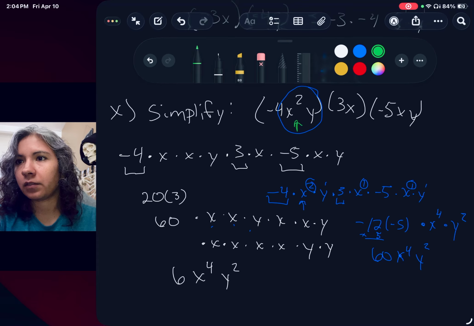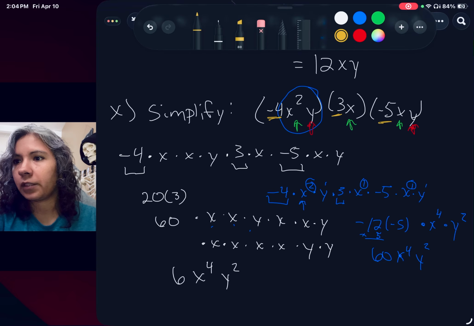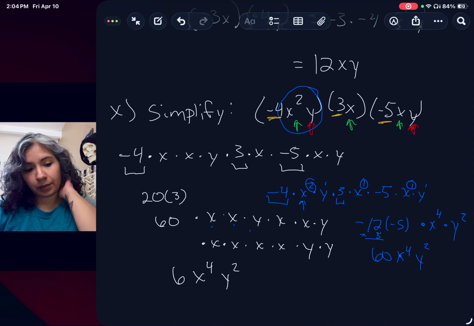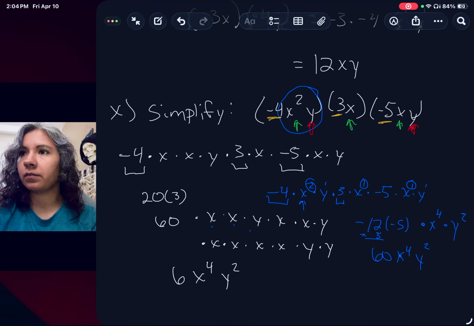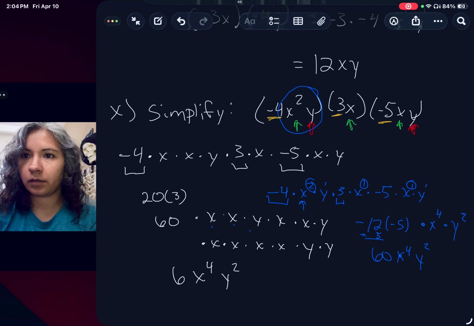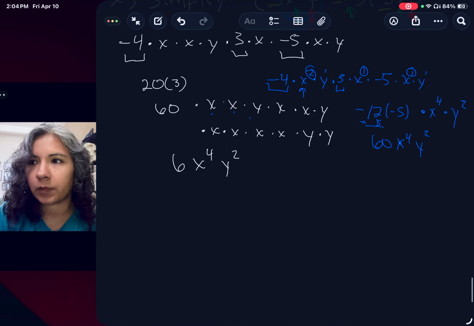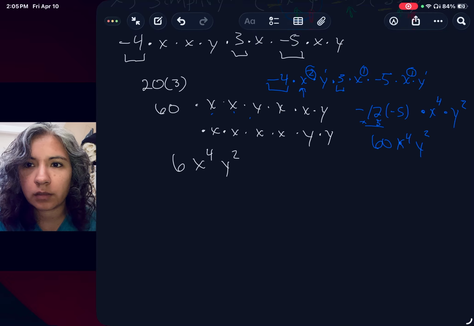You can do your x's, and then your y's, and then your coefficients, right? That way you're doing all of the right things together for algebraic multiplication.